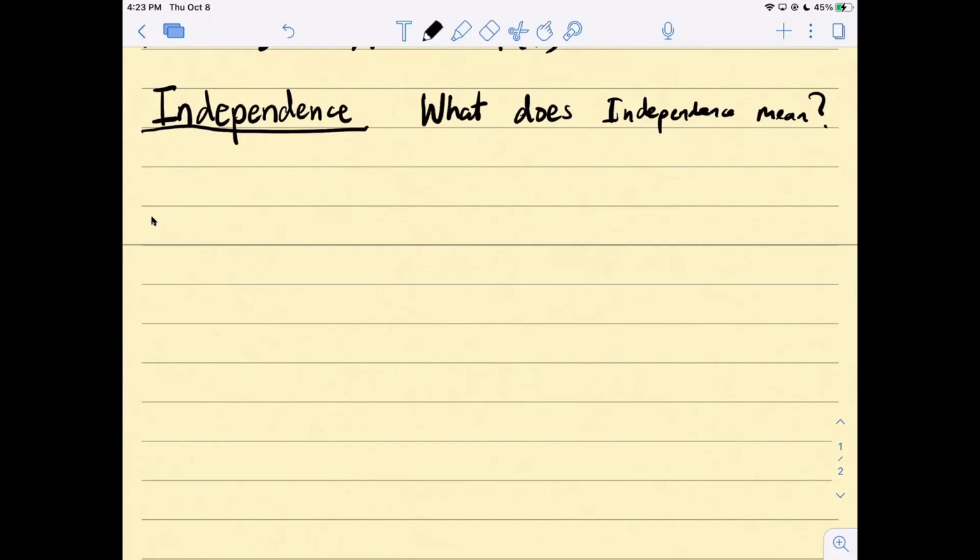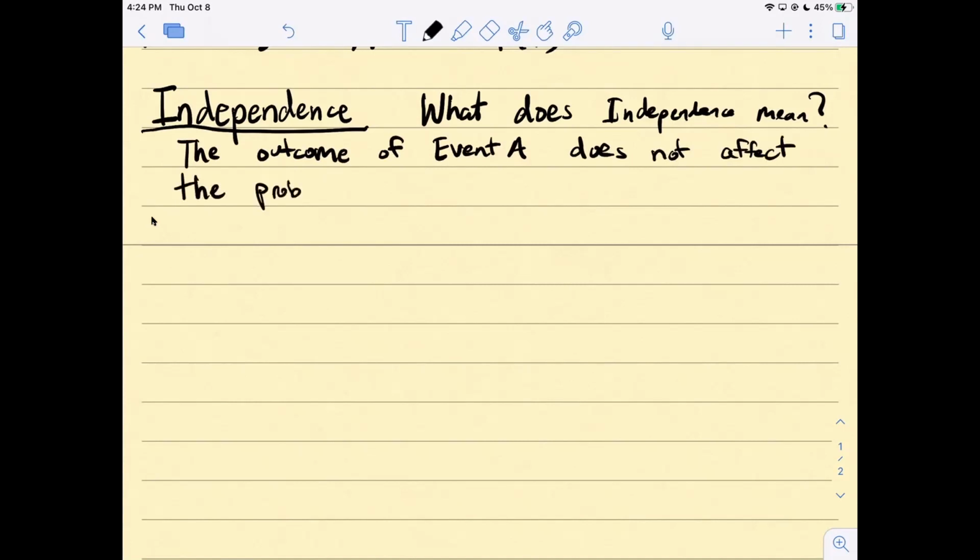Okay, so I'm going to write exactly what Becca suggested. The outcome of event A does not affect the probability of event B. So think of the first coin that you flip: the result there does not change the 50-50 idea of the next coin that you flip.